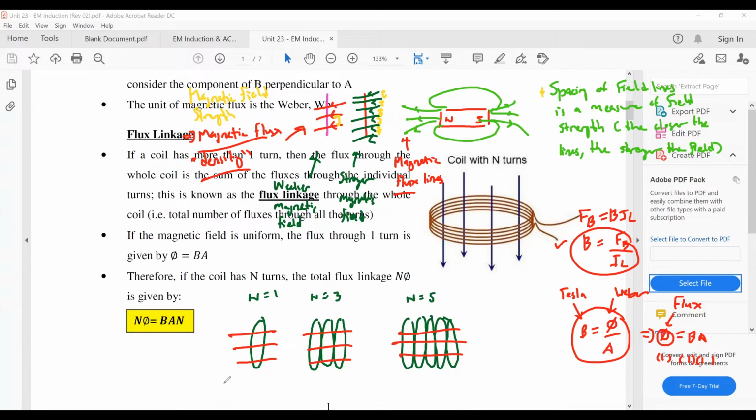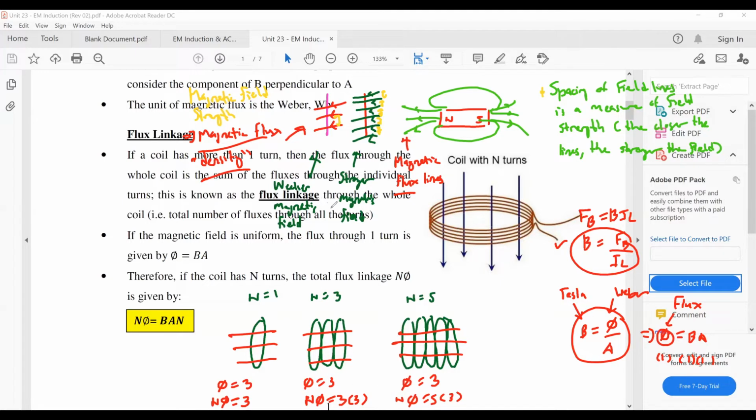Here your magnetic flux is considered to be 3, here also 3, and here also 3. But flux linkage is the number of turns of coil multiplied by the flux. So this one would be just 3, this one would be 3 times 3, and this one would be 5 times 3. This is what flux linkage is.